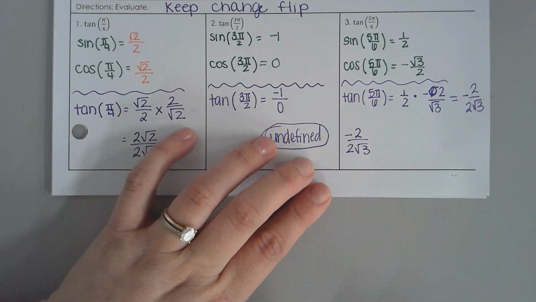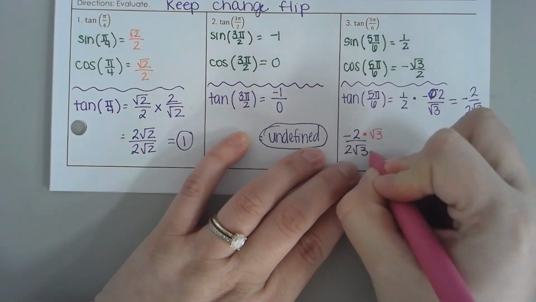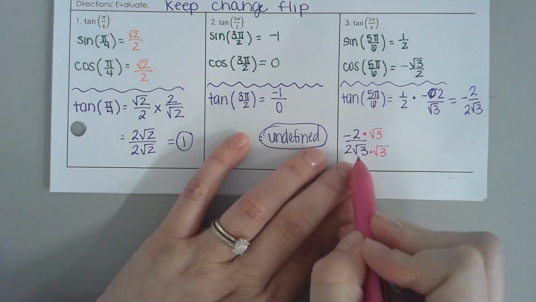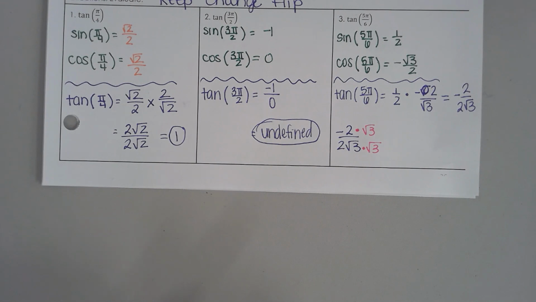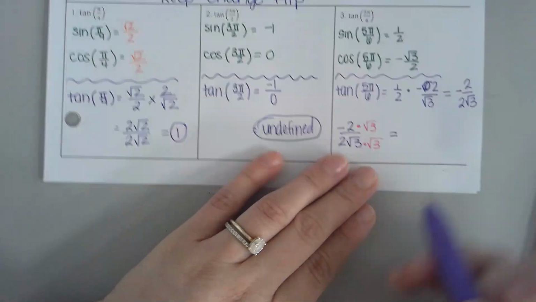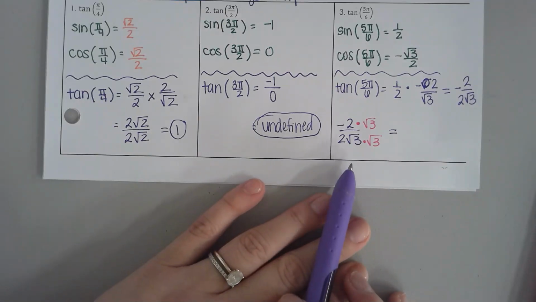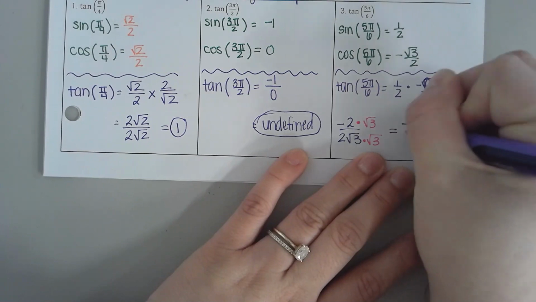So what you do is you multiply the top and the bottom by whatever square root is down there. And then on the top, that's just negative 2 square root of 3.